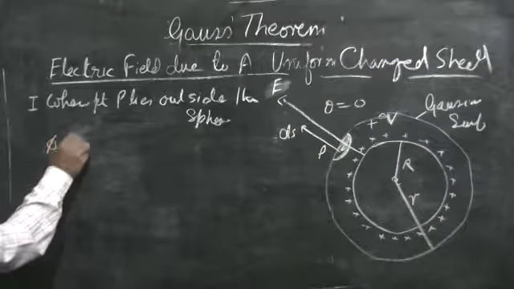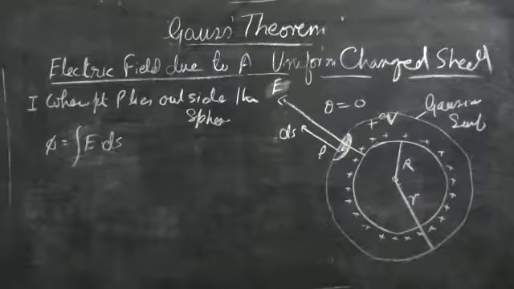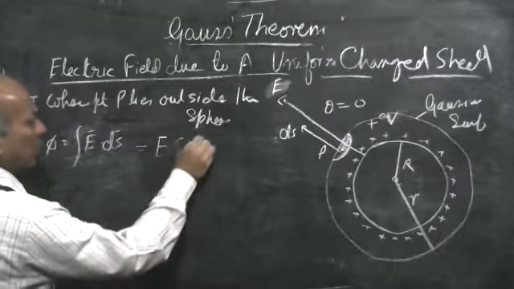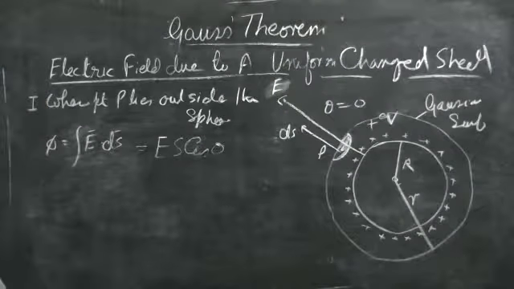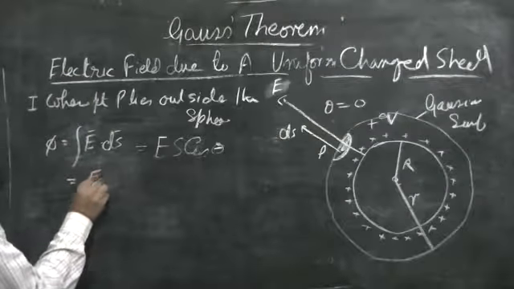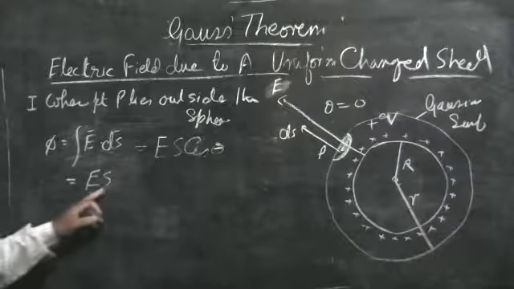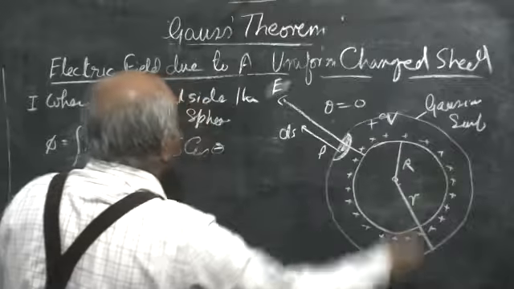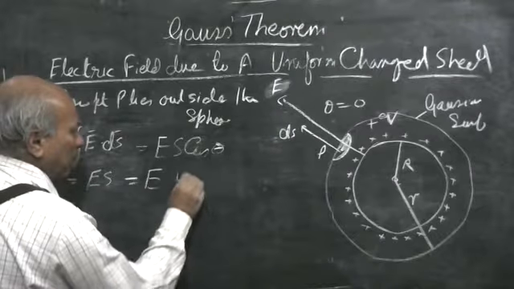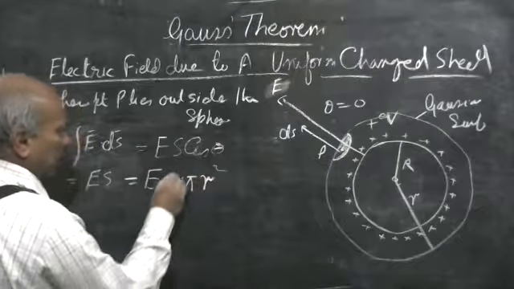Flux is equal to E dot dS, that is equal to E S cos theta. Theta between them is equal to 0. Therefore, E S. S is the surface area of the Gaussian surface, that we can write as 4 pi r square.